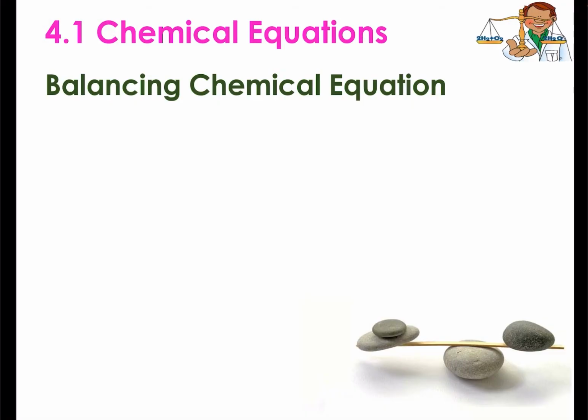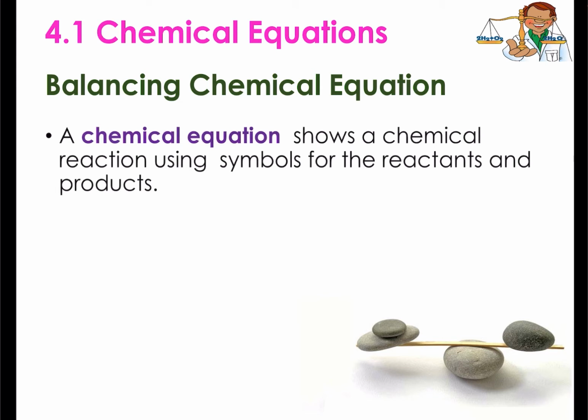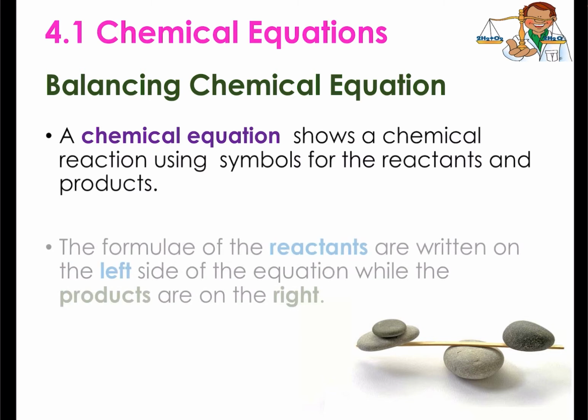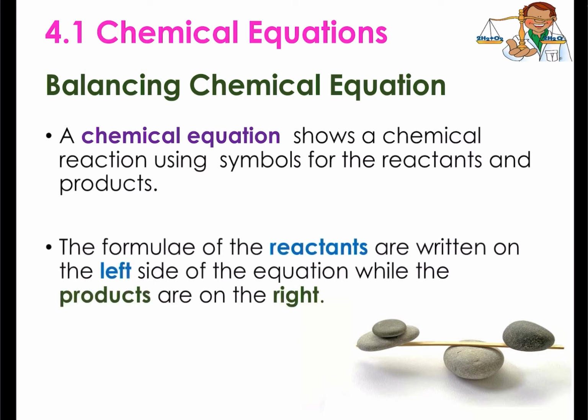To balance the chemical equation, you have to know what is the chemical equation itself. Chemical equations show a chemical reaction by using a symbol for reactants and products. Usually, when you write the chemical equation, the reactants are written on the left side, while the products are on the right side.